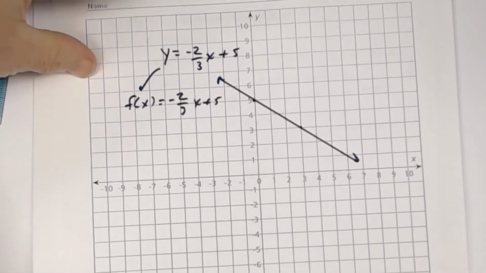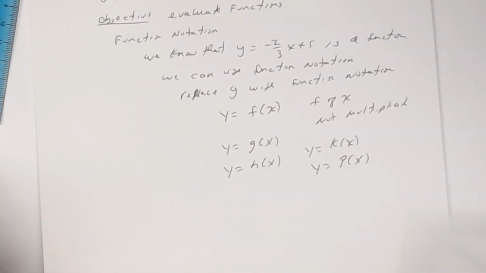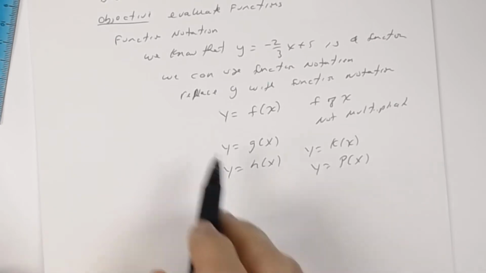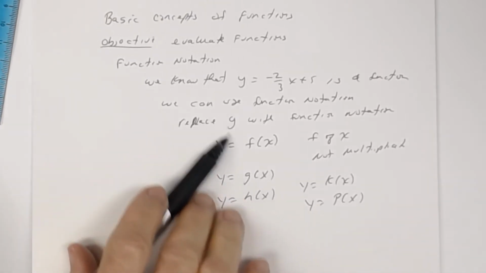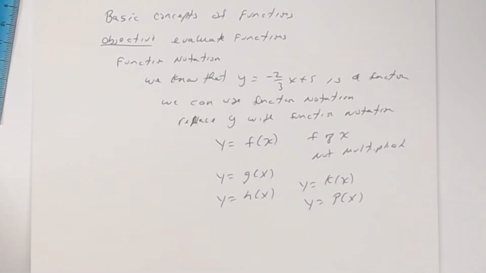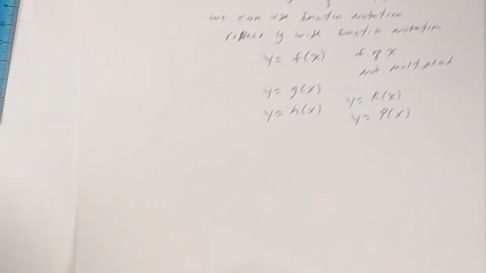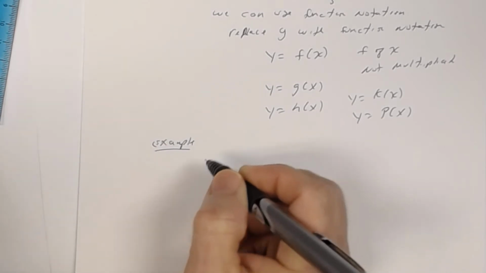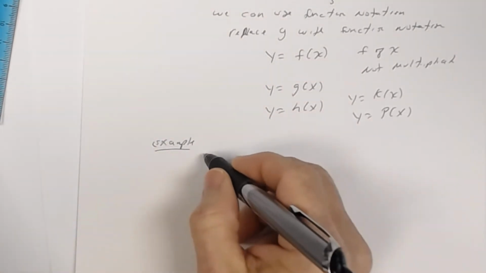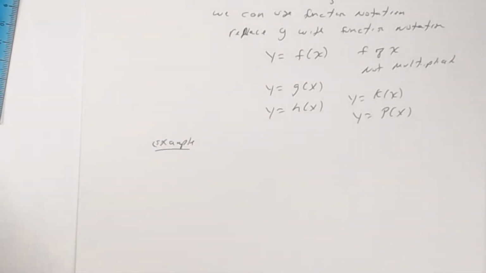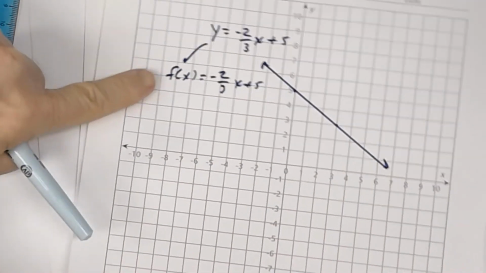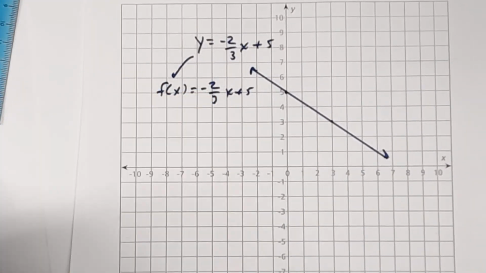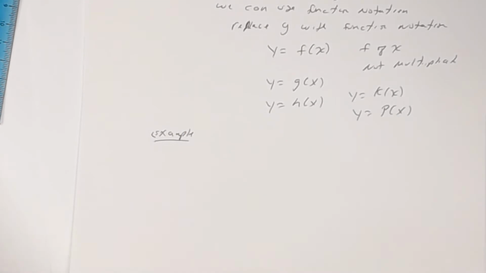Now, let me talk about this objective though. How are we going to use function notation with our objective? In other words, let's look at this example. And I'm going to go ahead, by the way, and use the example we did with this line, because I want to use this graph to explain something.